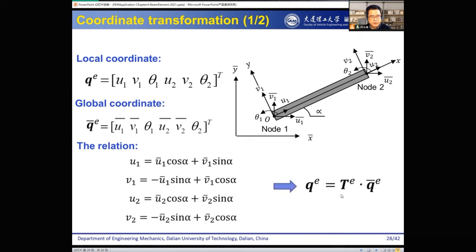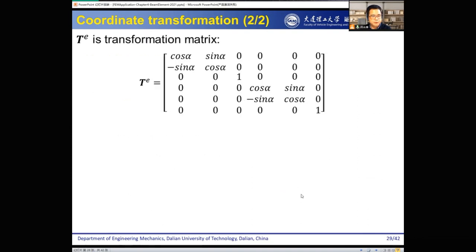And then we have our transformation matrix T. So we can use the transformation matrix T to transform the node displacement matrix from the global system to the local system. Also, you can do the inverse: you can transform the node displacement matrix from the local to the global. This is the form of the transformation matrix.